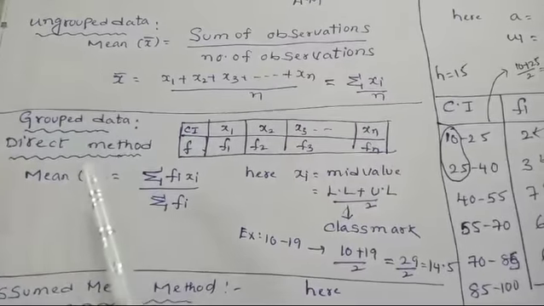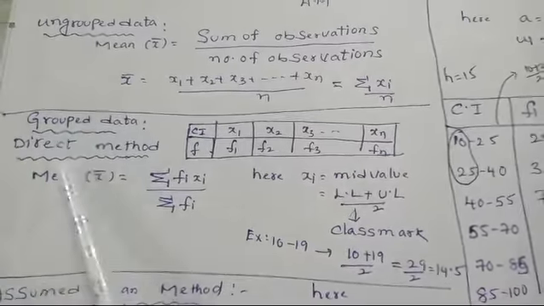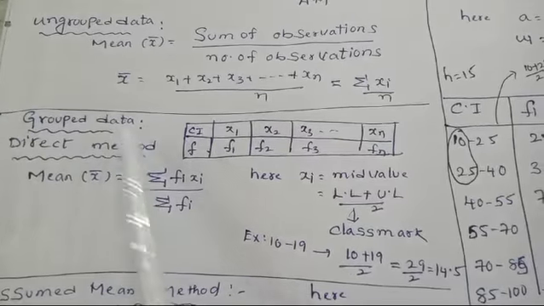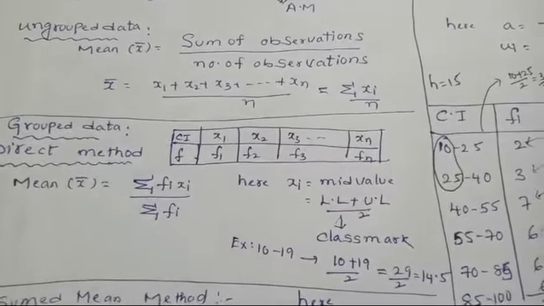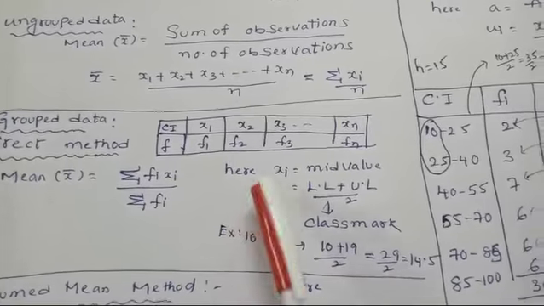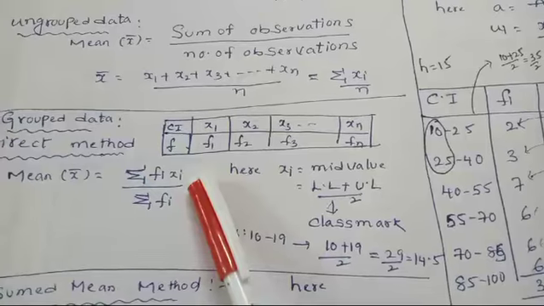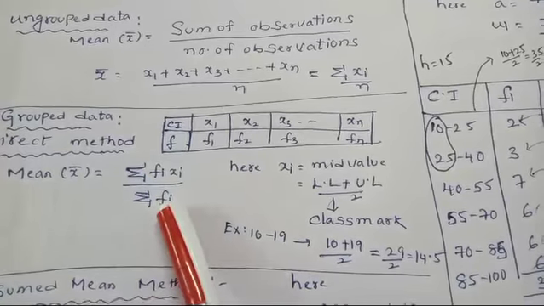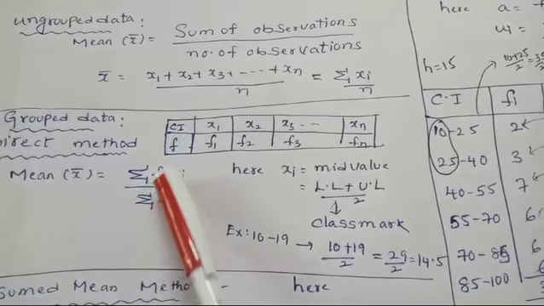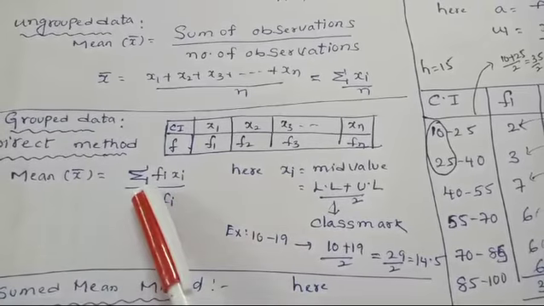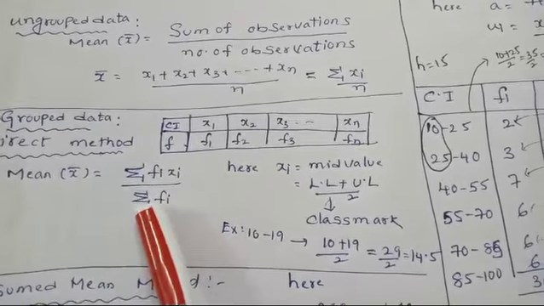Mean is denoted by x bar. The first method is the direct method. The formula is sigma fi xi divided by sigma fi, the summation of the products fi xi divided by sigma fi.